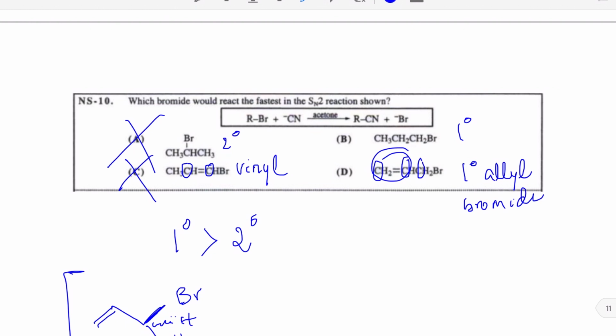And there's the cyanide nucleophile. So when it does its backside attack, we get into a very interesting transition state.